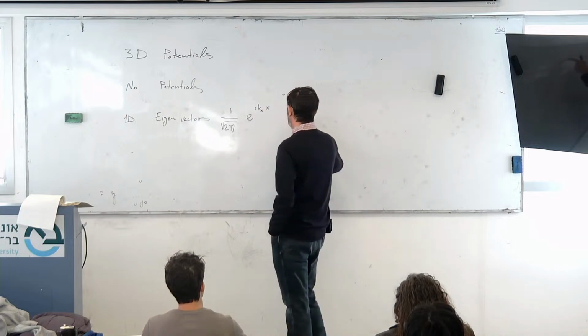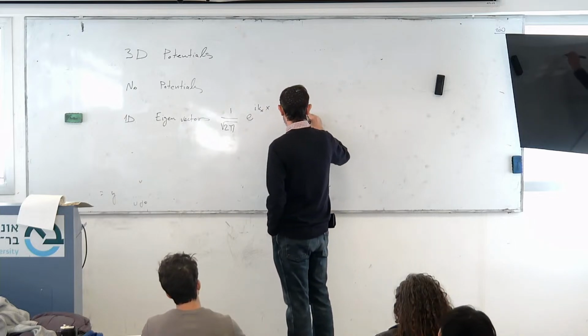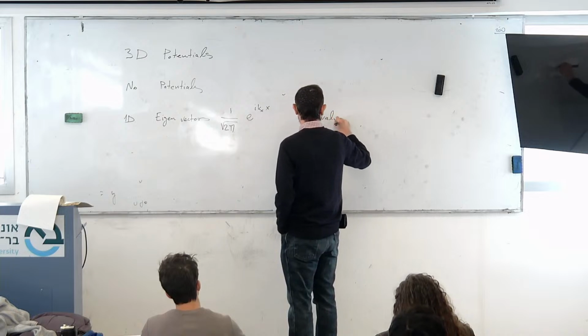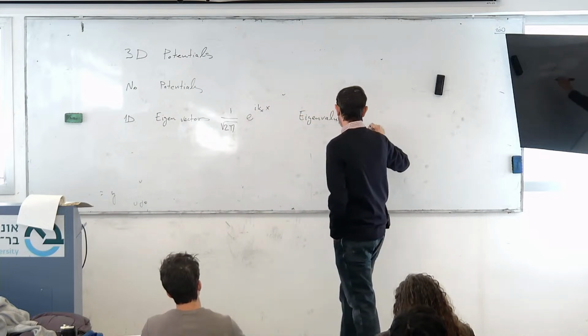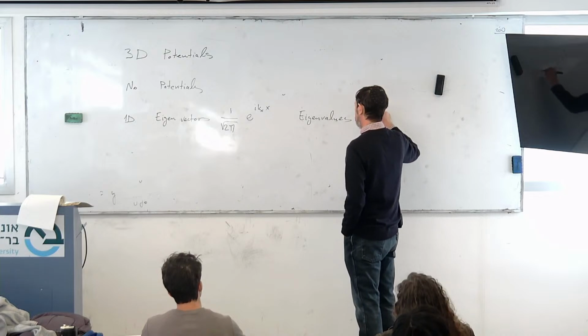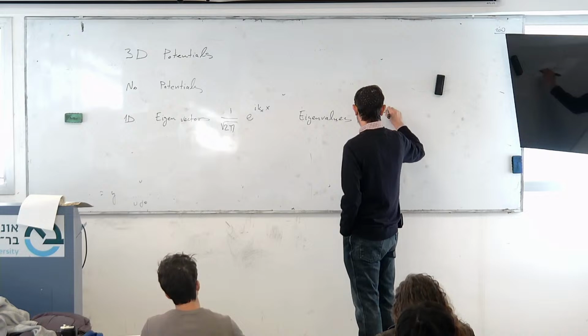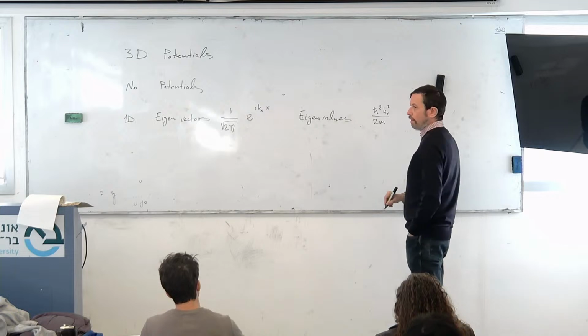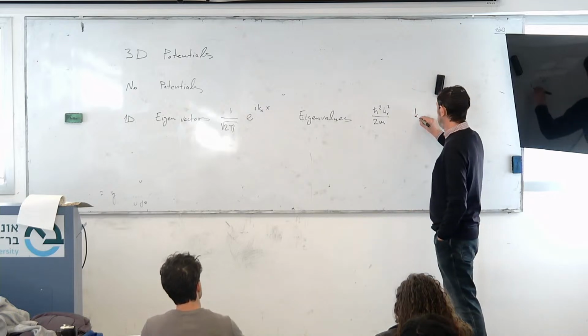So the eigenvectors are these things, with eigenvalues and kx.